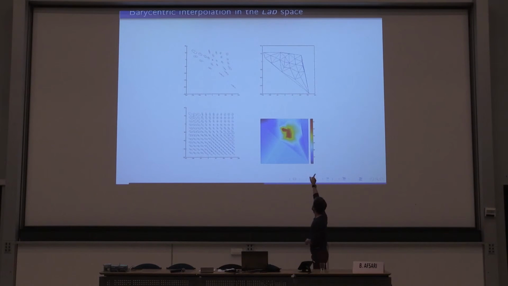Top right, you have a triangulation of the centers of the ellipses. Bottom left, you have the interpolated ellipses. And bottom right, you have the map of the Riemannian volume measure with respect to the Lebesgue volume measure of the AB parametrization. And the maximum of this map is around colors of low saturation.